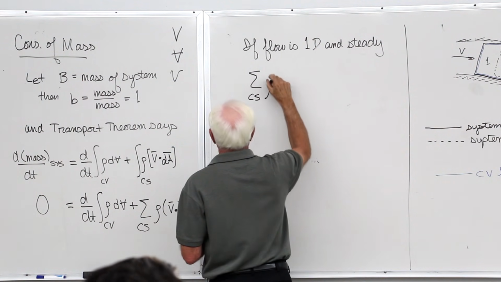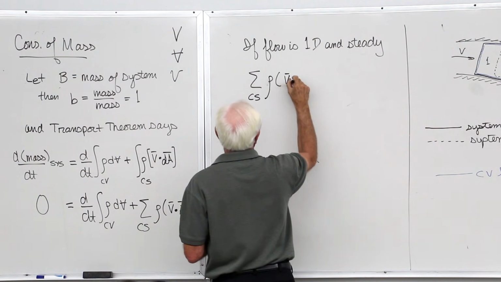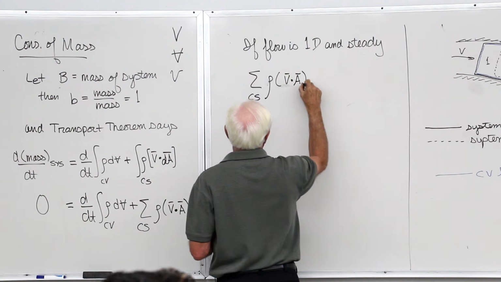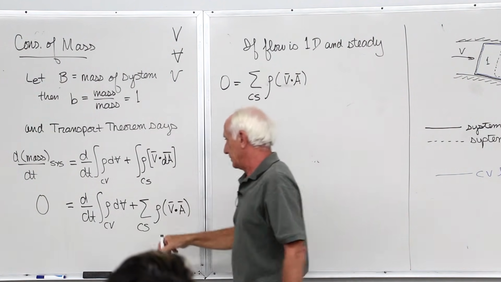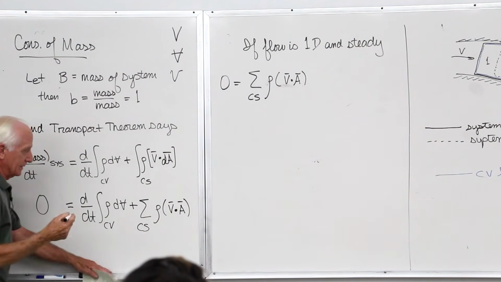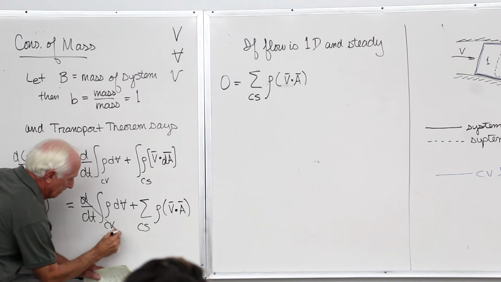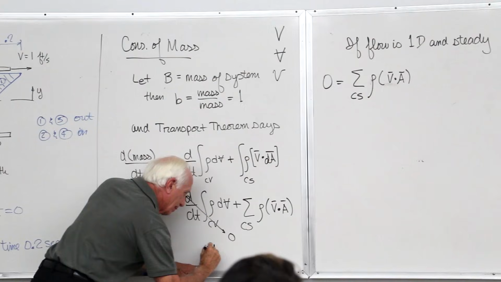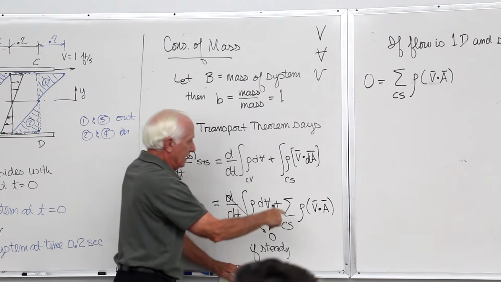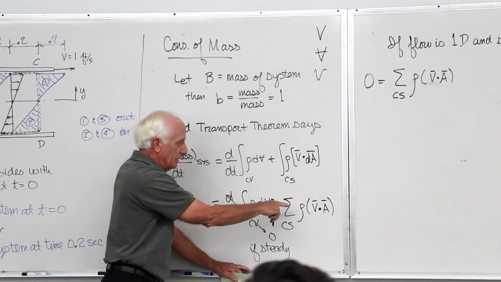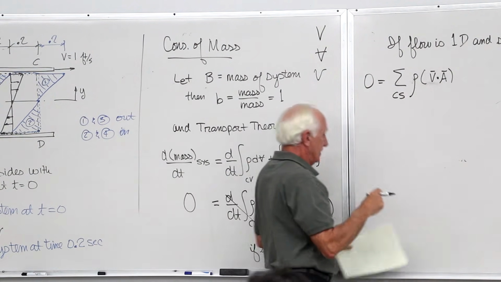Don't forget, those two terms are 0. So if it's steady and uniform flow, one-dimensional, then we have this term right here.